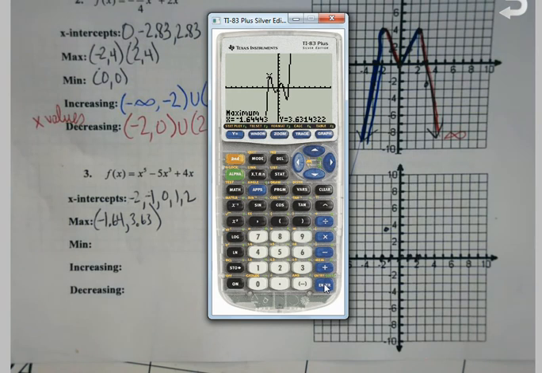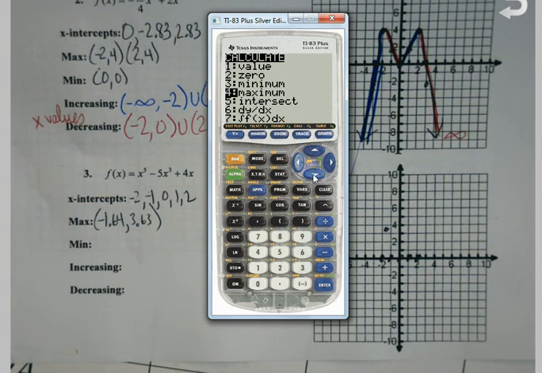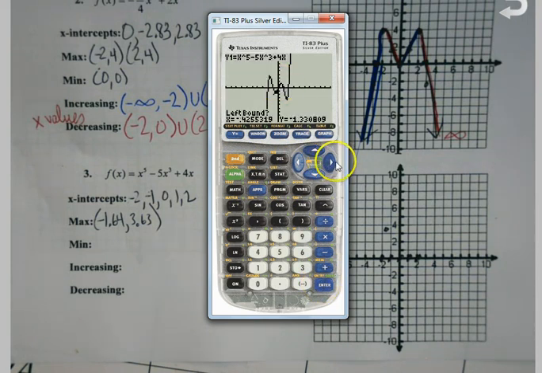Now, if some of you literally want to work left to right and you want to do the minimum next, you can, but I tend to get mixed up when I do that. So I'm going to go ahead and do both maximums right away. So I'm trying to get this guy. I'm looking and I'm like, okay, my little cursor is to the left here. So I hit my enter once. Now I'll move to the right.